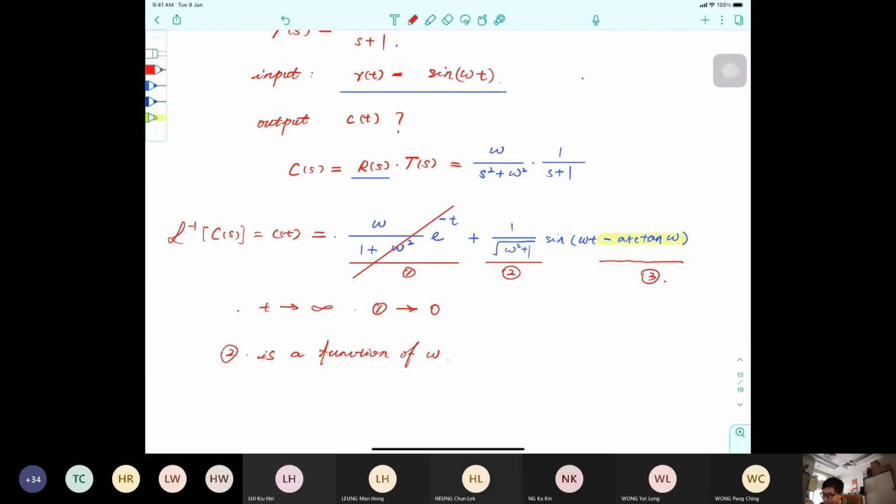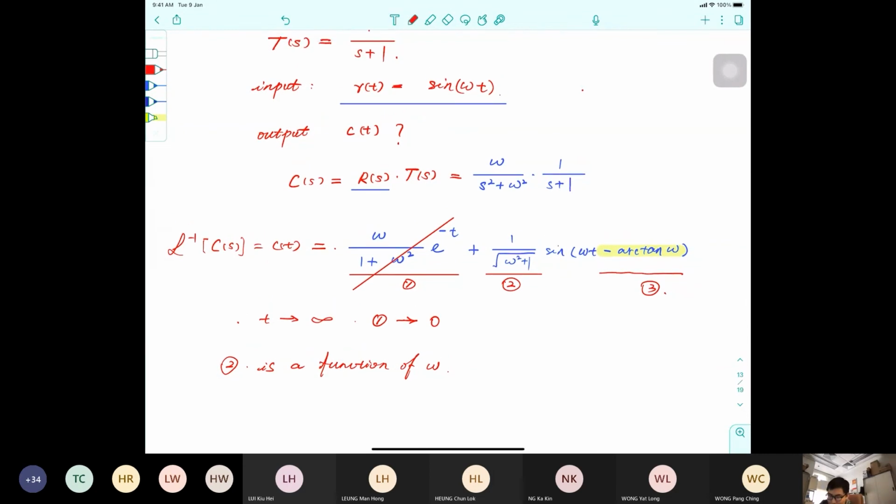So for the output signal, the magnitude, the amplitude is this one. For the input signal, the magnitude is 1, right?